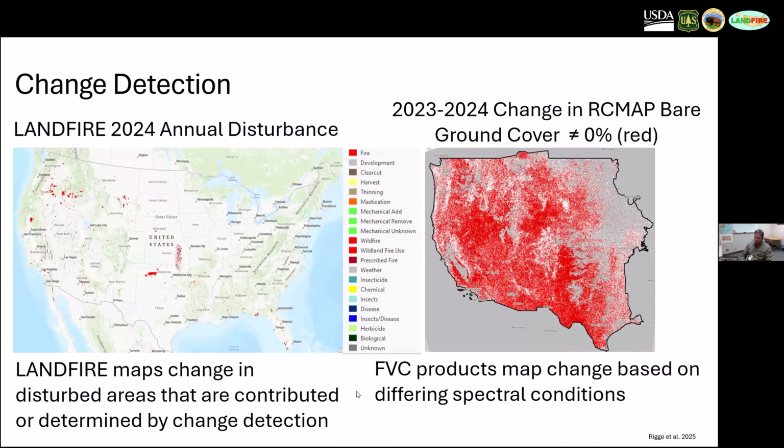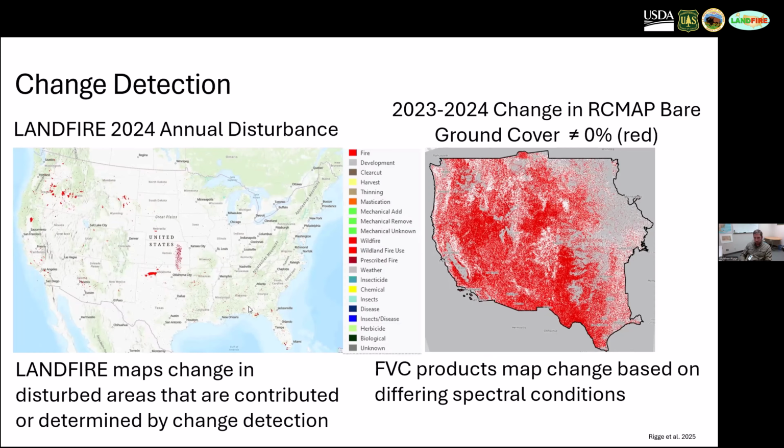The next element I'm going to focus on is change detection. So in LANDFIRE products, there is a change detection method that's basically collecting different sources of disturbance across the landscape. So in this example, I'm looking at 2024 areas that have been burned, developed, clear cut, etc. All noted.